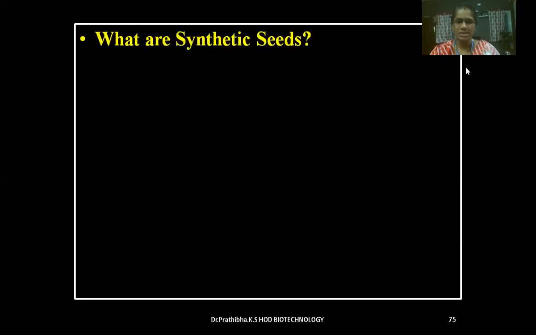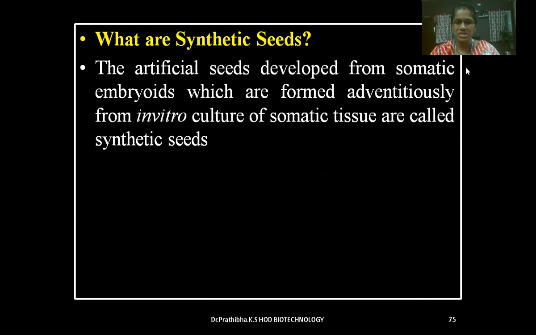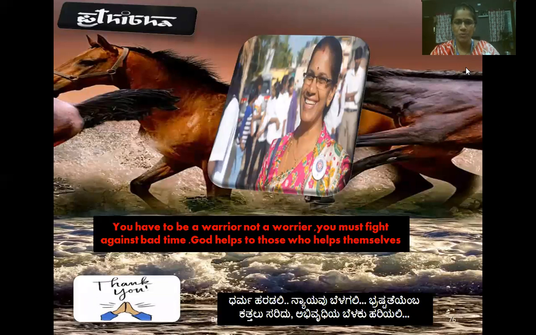Now, what are synthetic seeds? Hope you have understood about the synthetic seeds. The artificial seeds developed from somatic embryos, which are formed advantageously from in vitro culture of somatic tissue, are called synthetic seeds. Hope you understood today's presentation on preparation of synthetic seeds or artificial seeds.